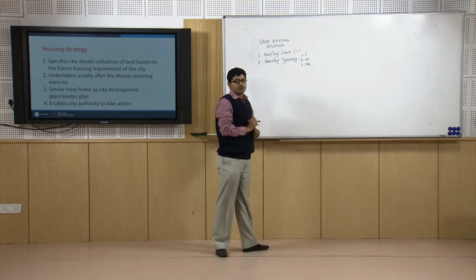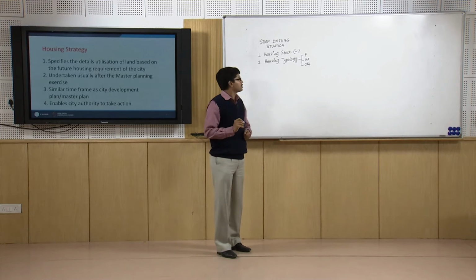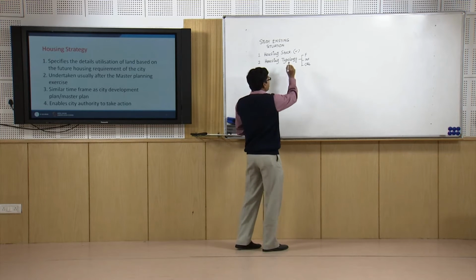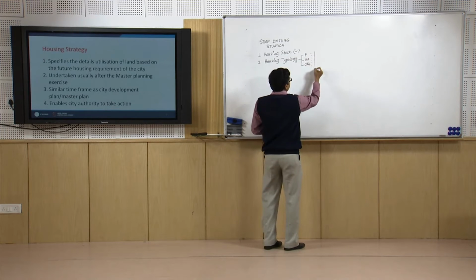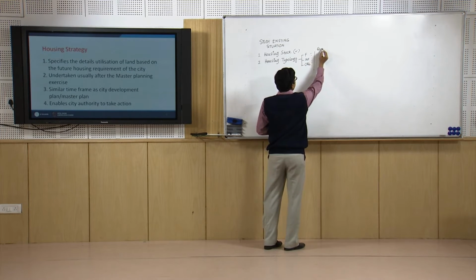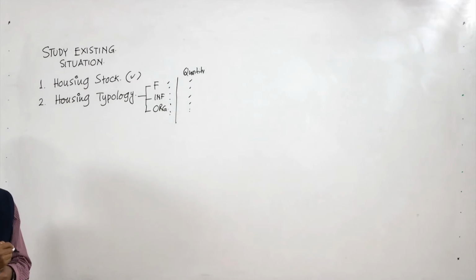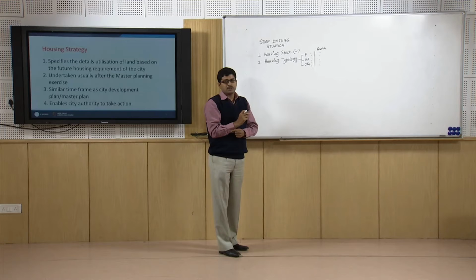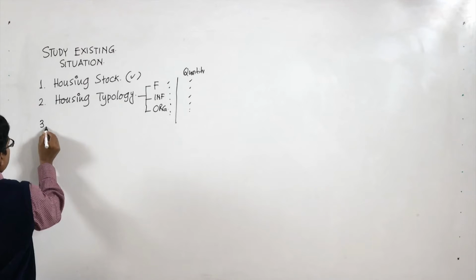Based on the broad classification we discussed at the beginning of the course, every typology can be identified and after that the quantity also can be estimated. That is the second stage. We assess typology-wise the housing situation, housing quantity, its present condition, problems, issues and trend. And after housing typology studies, we have to study the land profile.